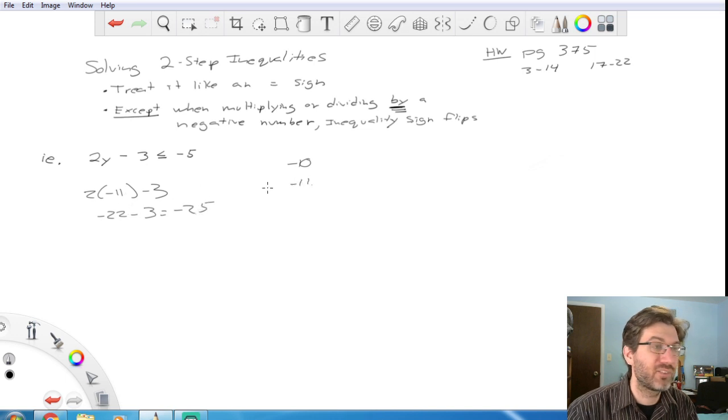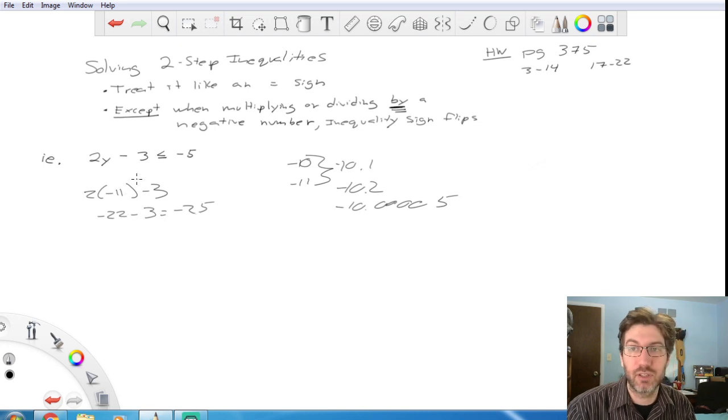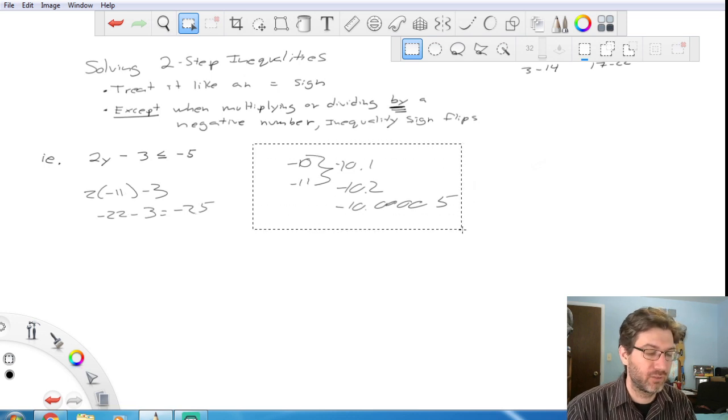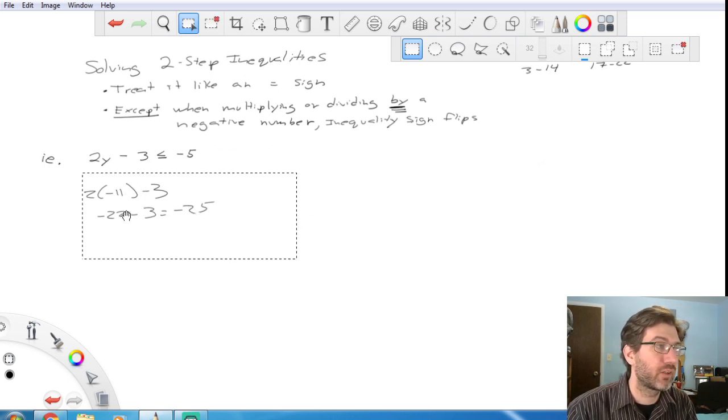So negative 11 is also an answer. And then any number between these two, like negative 10.1, negative 10.2, negative 10.00005, any of those numbers are technically answers to that problem, because it's an inequality. We just want things that don't equal it but are less than.